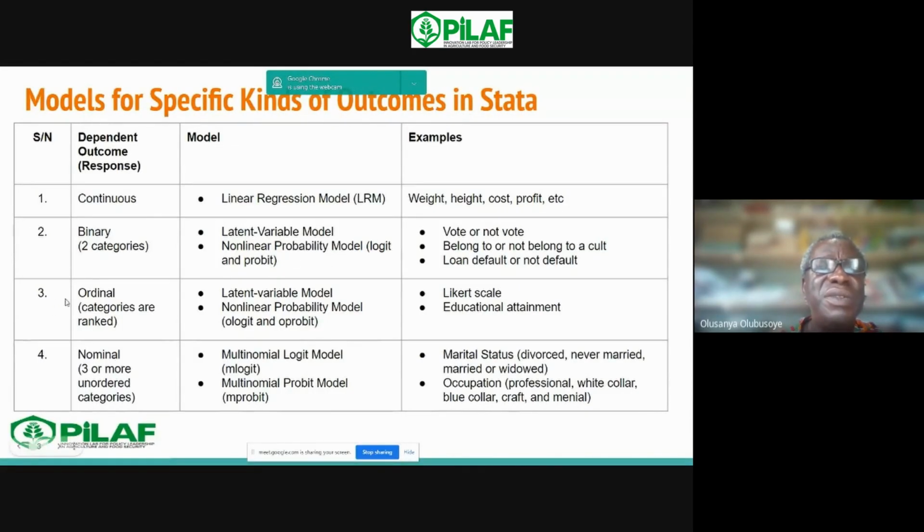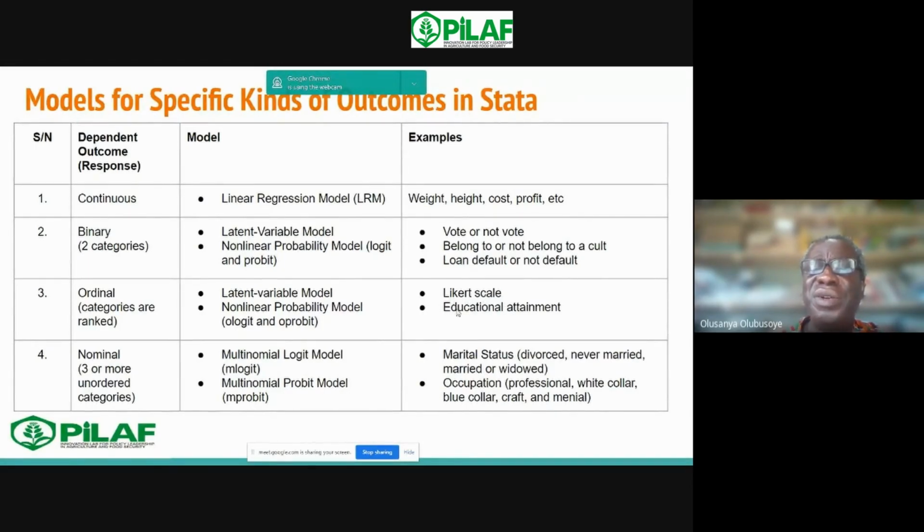The third type of dependent outcome variable that we can have is ordinal. They are still categories, but they are ranked, like Likert scale or educational attainment. Likert scale could be, maybe, highly satisfactory, not satisfactory, and so on.